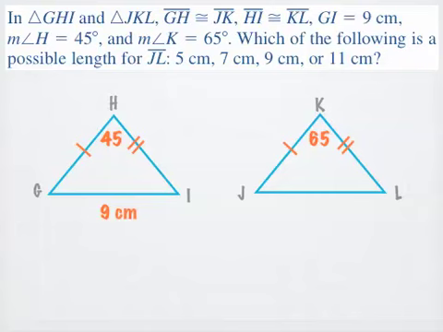The only number up there that they've given us for a possible length that is greater than 9 is the 11 centimeters. So our best choice for this question would be 11 centimeters.